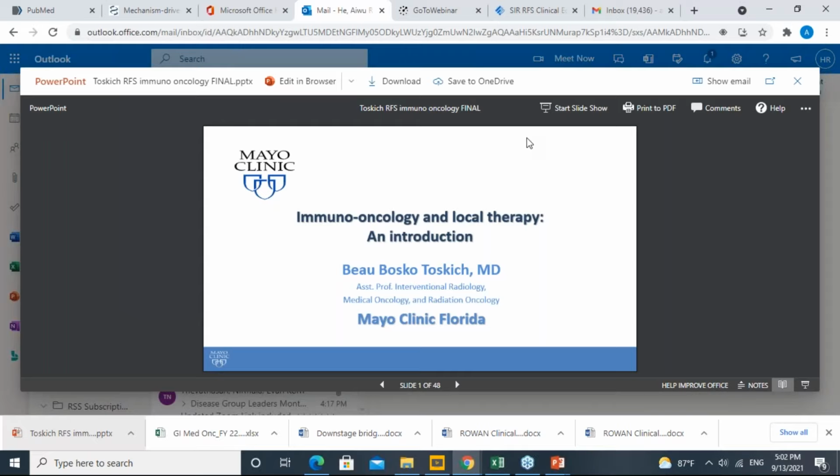We also use anti-VEGF plus immunotherapy. VEGF is a very interesting growth factor. It's important for angiogenesis, and it is also a strong immunomodulator. It has a lot of impact on the dendritic cells, which are antigen-presenting cells.